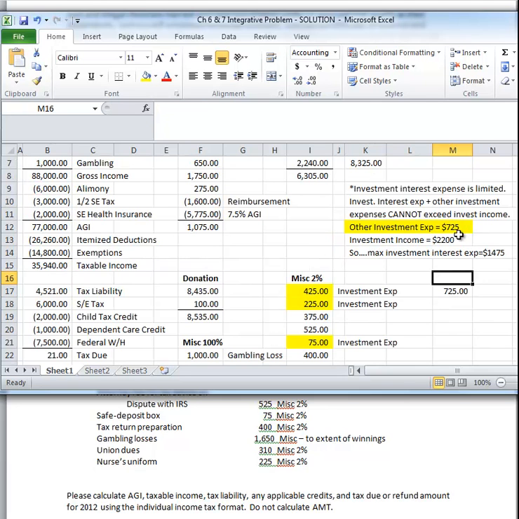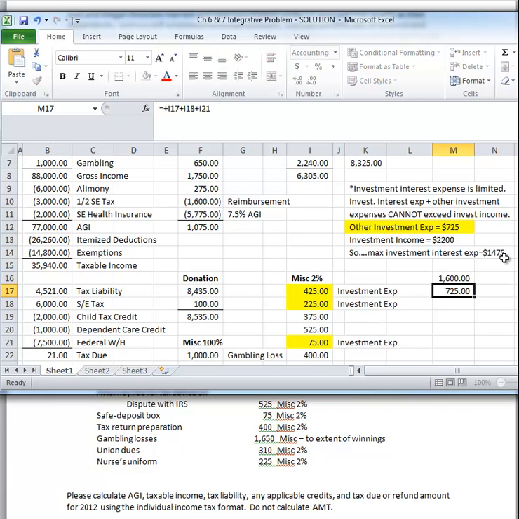My investment income is only $2,200. So if I have $2,200 of investment income, and I'm deducting $725 of other investment expenses, that means the maximum investment interest expense I can take is $1,475.